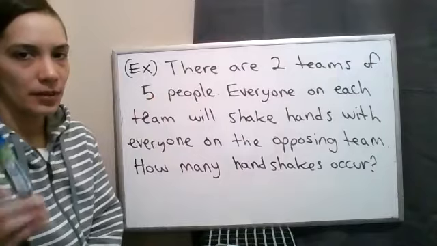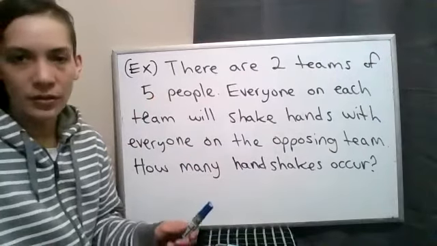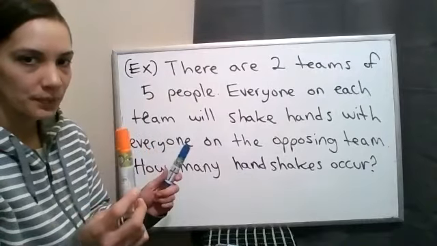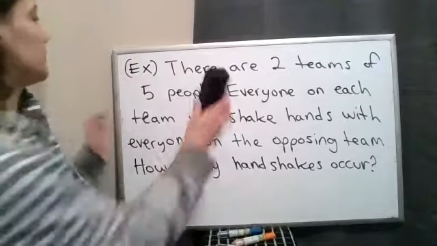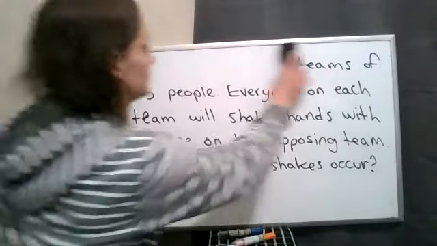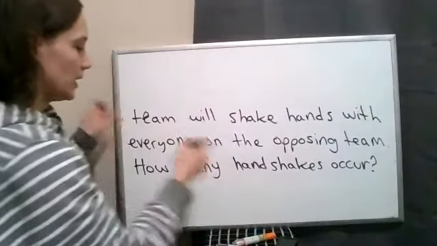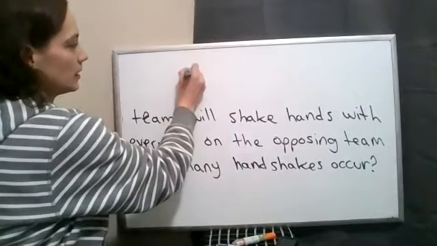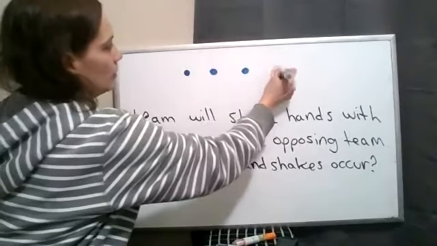I'm going to use blue for the blue team with 5 dots. And then we'll do orange, like the orange team. Each needs 5 people. Let's do it like these guys are here. 1, 2, 3, 4, 5.